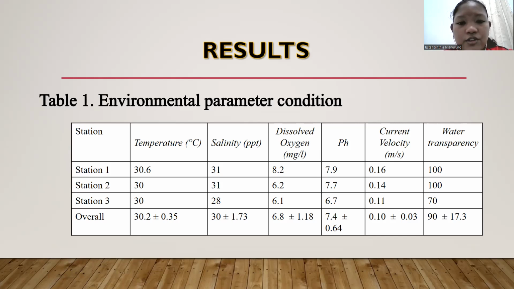The oxygen is used in the body's metabolic processes for growth and breeding of corals. The range of dissolved oxygen found is between 6.1 until 8.2 milligrams per liter. In general, the measurements of dissolved oxygen found still supported the growth of coral reefs.